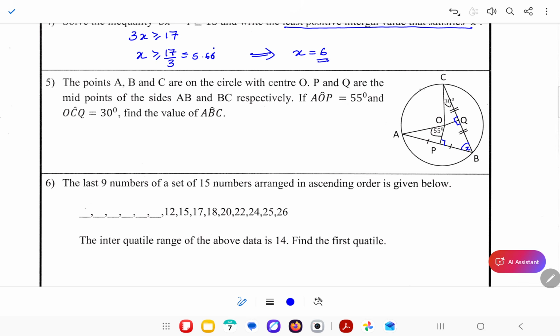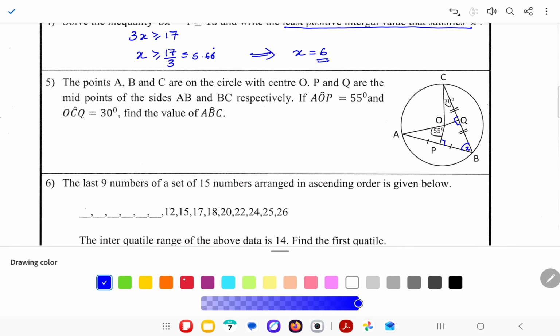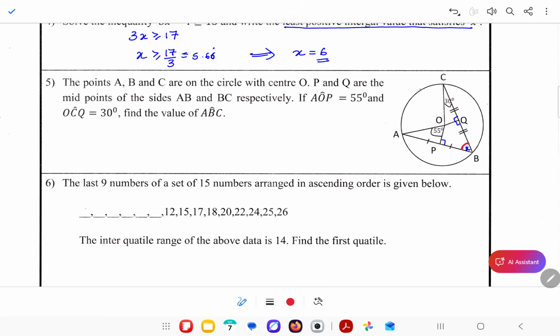Then we also know angle AOC. AOC is the angle subtended at the center, so that is twice the angle subtended at the circumference, x, so this is 2x. From triangle COQ, this angle is 60, right?